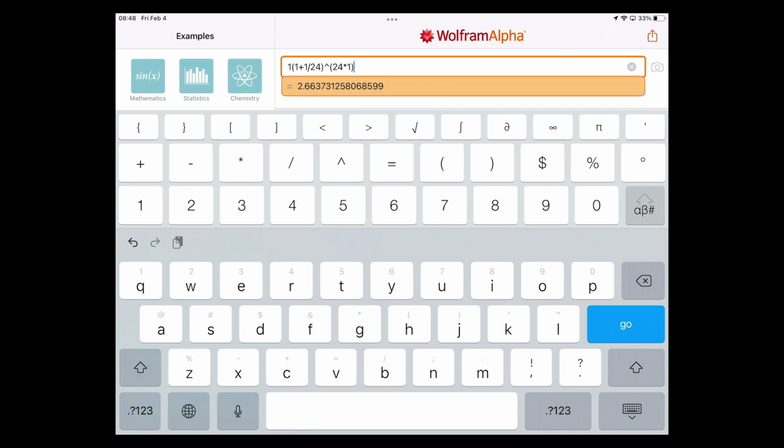All right, you would owe me $2.66. Okay, good. All right, that's compounding hourly.